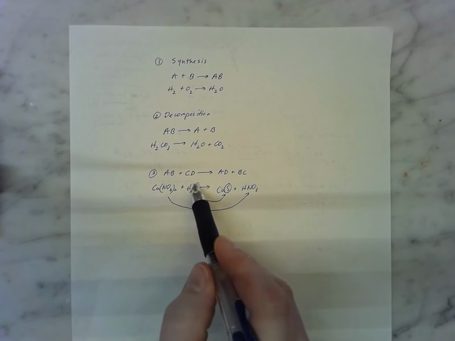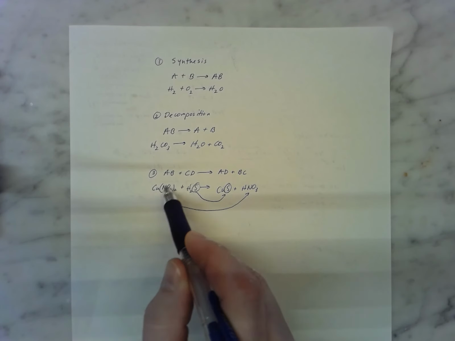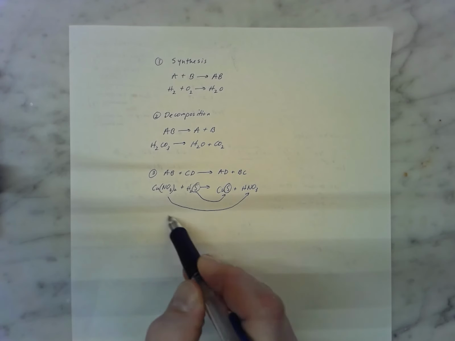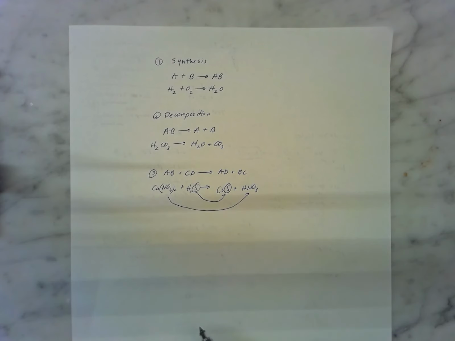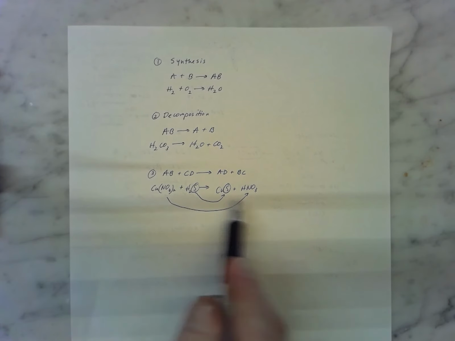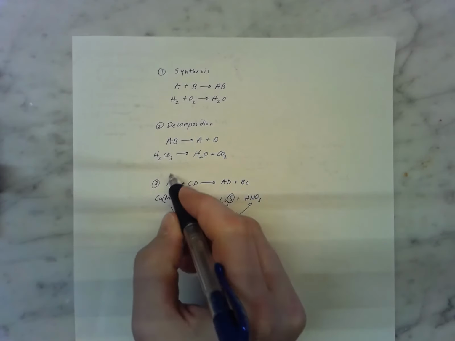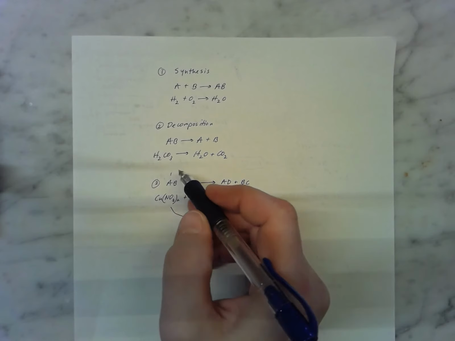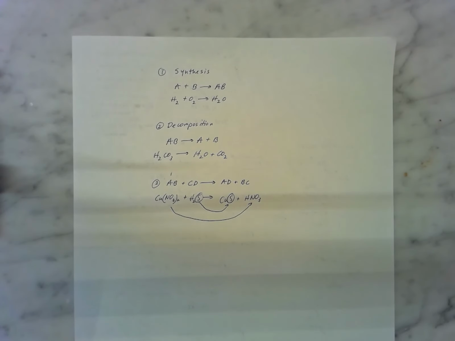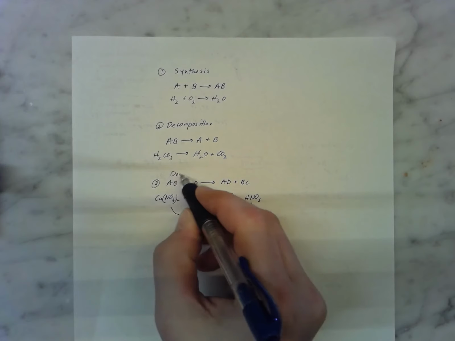Okay, so this guy has come in and pushed him out, and he's gone free and then joined up with him. Okay? Pretty straightforward to see why they're called that. Okay? So this is double replacement.